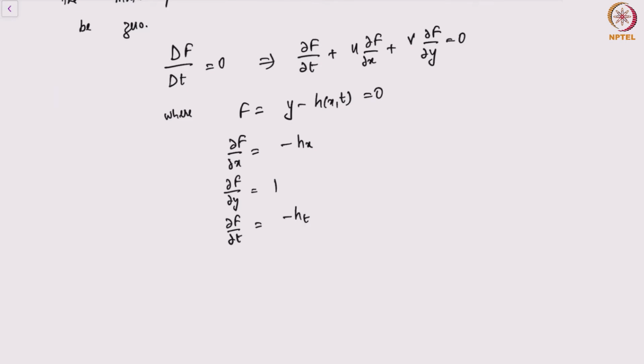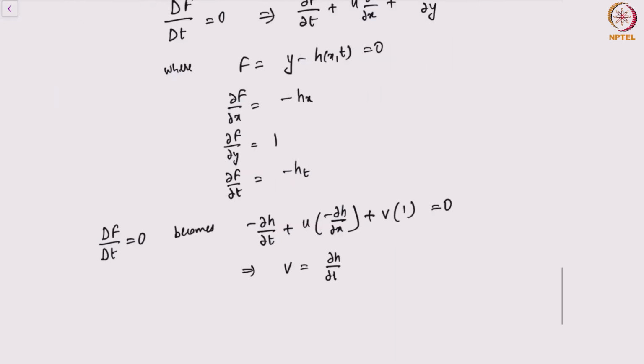So if I use this relationship, dF by dt equal to 0 now becomes minus del h by del t, I have a negative sign here, plus u into minus del h by del x plus v into 1 is equal to 0. And therefore I have v is equal to del h by del t plus u del h by del x. Okay. This is referred to as the kinematic condition. This is a convenient way of writing it in 2D.